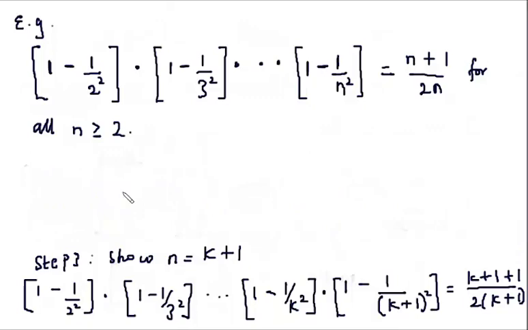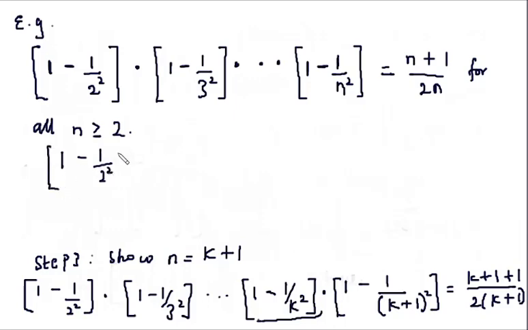Before we simplify this, it is worthy to note that initially we wrote 1 minus 1 over 2 squared.